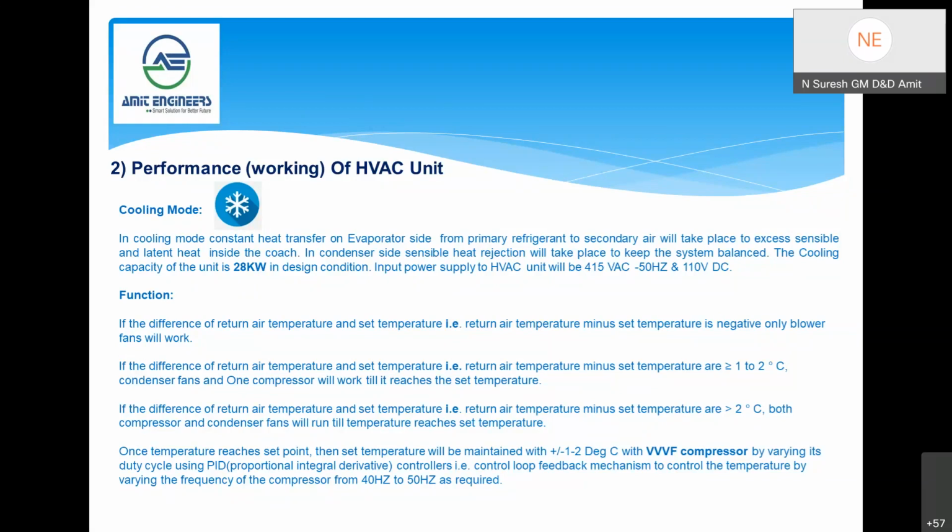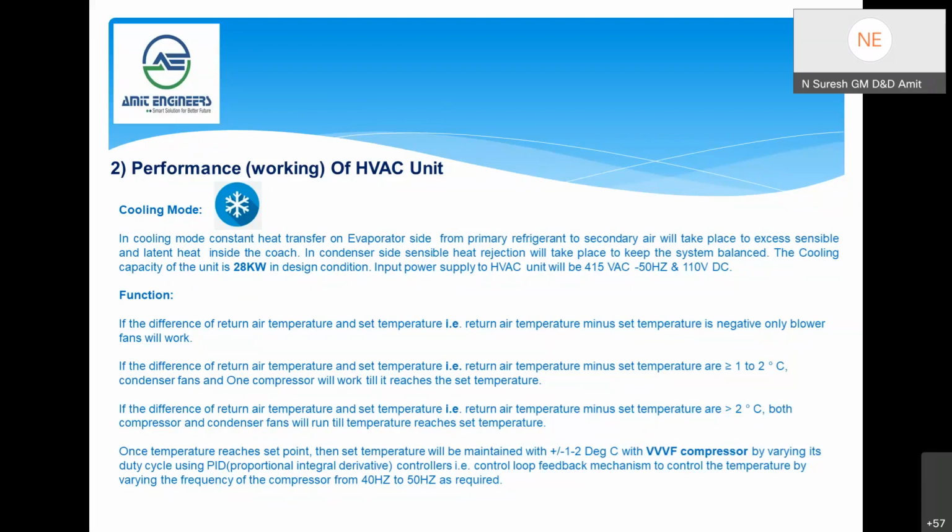It will not allow the compressor or condenser fan to work. So if return air temperature minus set temperature is greater than 2 degrees Celsius, both compressor and condenser fan will run till the temperature reaches the set temperature.